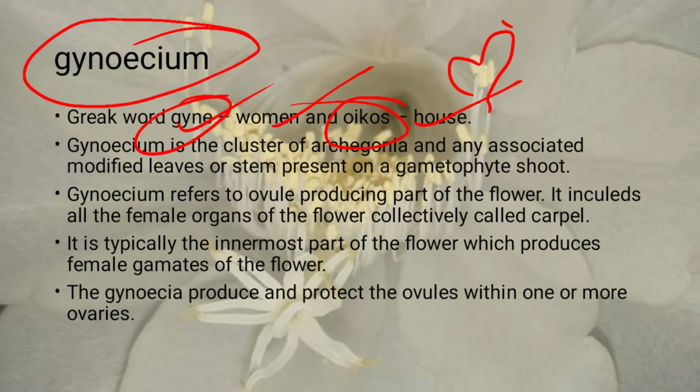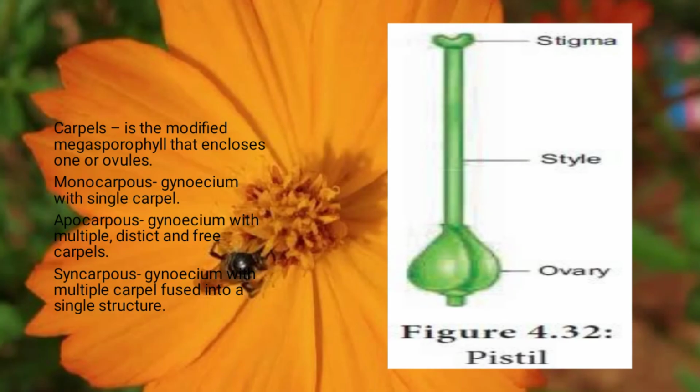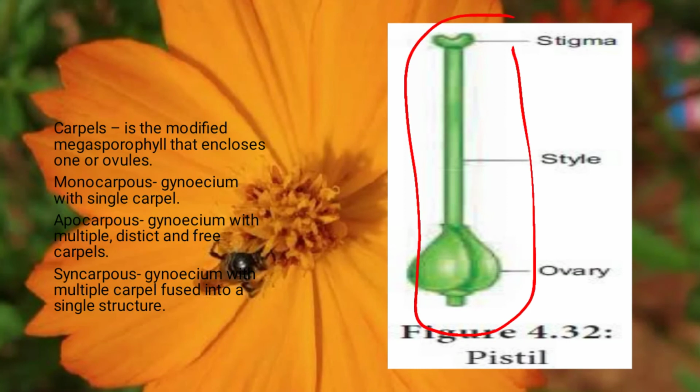Okay, the female reproductive part present inside the ovary is the ovule. The ovule has the egg cell in it, which undergoes fusion to form the zygote during fertilization. So this is the carpel, which includes the stigma, style, and ovary, inside which the ovules are present.